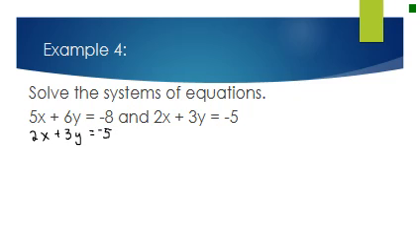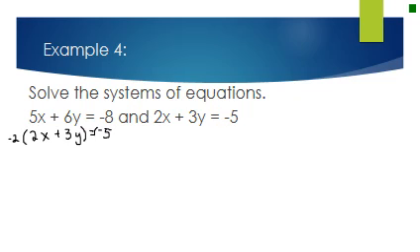Okay, so now I need to think, what do I want to eliminate? And I'm just going to choose the y's. You could also choose the x's if you wanted to, but I'm going to choose the y's. Because I see here I've got a 3y. Well, if I took that and multiplied it by -2, then I get -6y, and then I would have opposites. So I'm going to take this equation here and multiply the entire thing by -2.